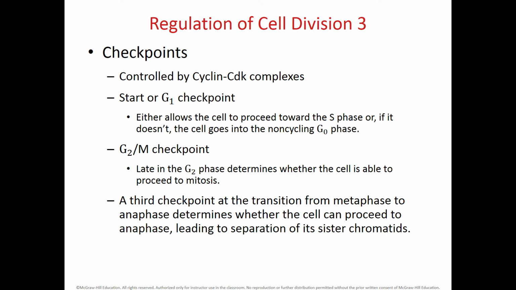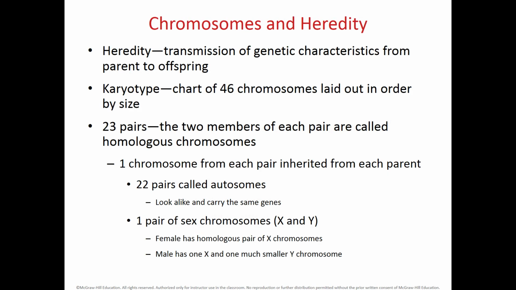Sometimes the cells opt for not repairing the mutations in the DNA and rather they commit suicide. Now we have a third checkpoint at the transition from metaphase to anaphase that determines whether the cell can proceed to anaphase, and this will lead to the separation of the sister chromatids.